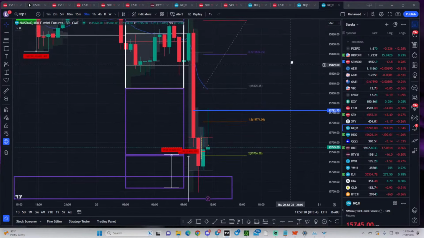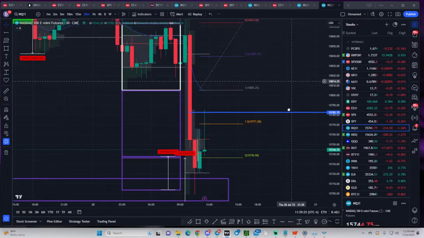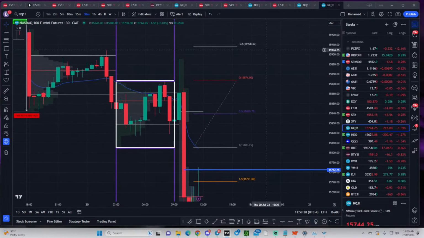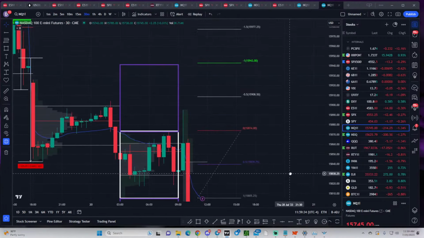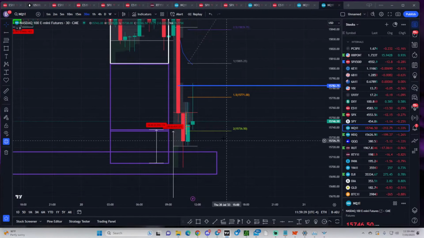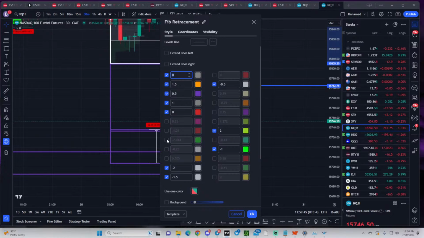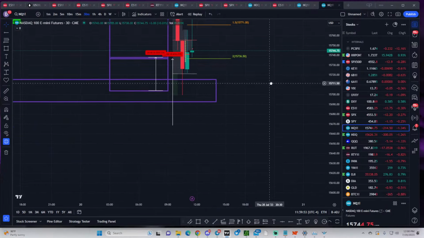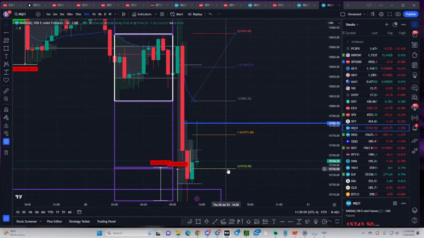If we go to the downside, I have 150%, 100% extension, no, 50% extension, which is 1.5, same as this here. 200% extension, which is right here. And I don't have 2.5, so 1.5, 2.5. Let me add 2.5. Negative 2.5. And positive 2.5.